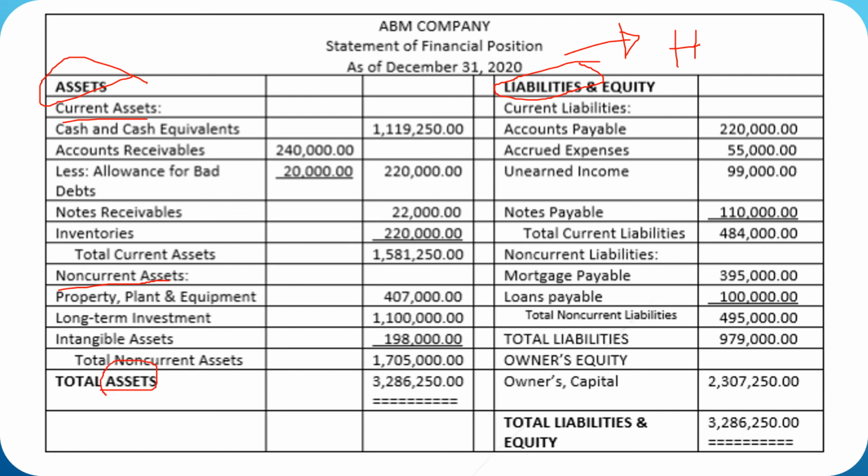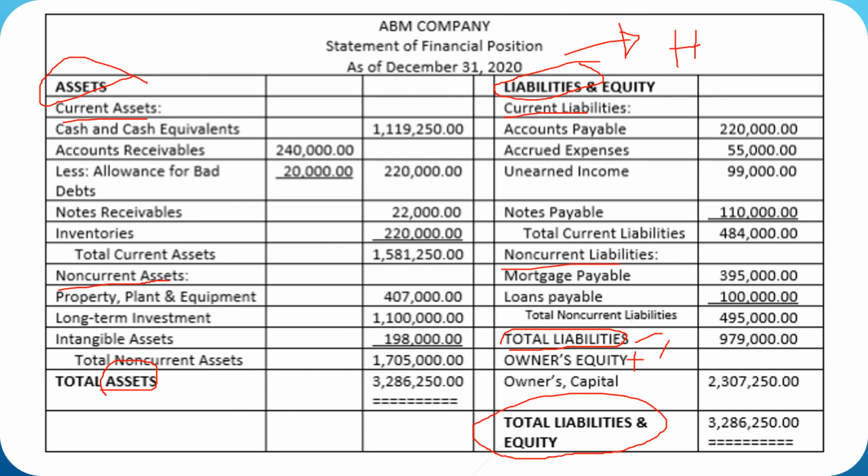So with here, liabilities and equities, we have here current liabilities, non-current liabilities. Total current liabilities plus non-current liabilities is equal to total liabilities. Total liabilities, this one, plus owner's equity is equal to total liabilities and owner's equity or equity.